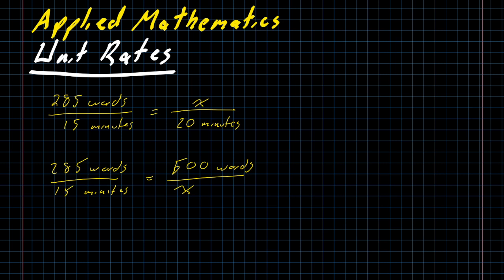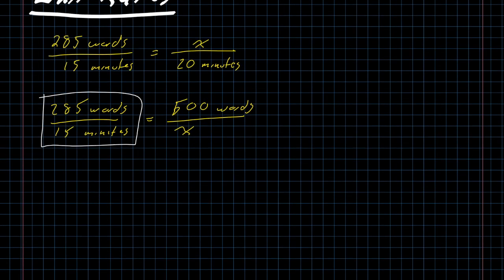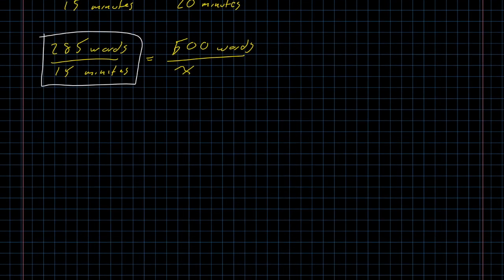And we start to see that having this block, this 285 words over 15 minutes, showing up again and again in all of these equations, starts to become cumbersome. And so we take our unit rate of this.